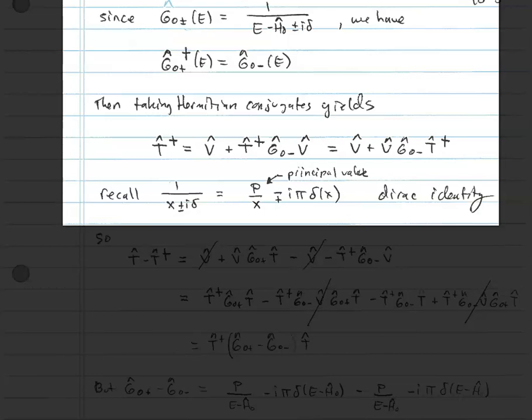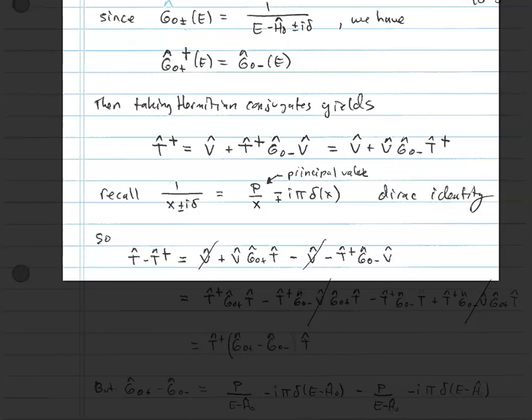If what I just explained is not sufficient for you to understand this identity, then I do encourage you to bring it up during our class time, and I'll work on explaining it further for you. All right, we're going to now calculate t minus t dagger, because both the t and the t dagger equations each had v's in them, and I'm subtracting. The v terms are going to cancel.